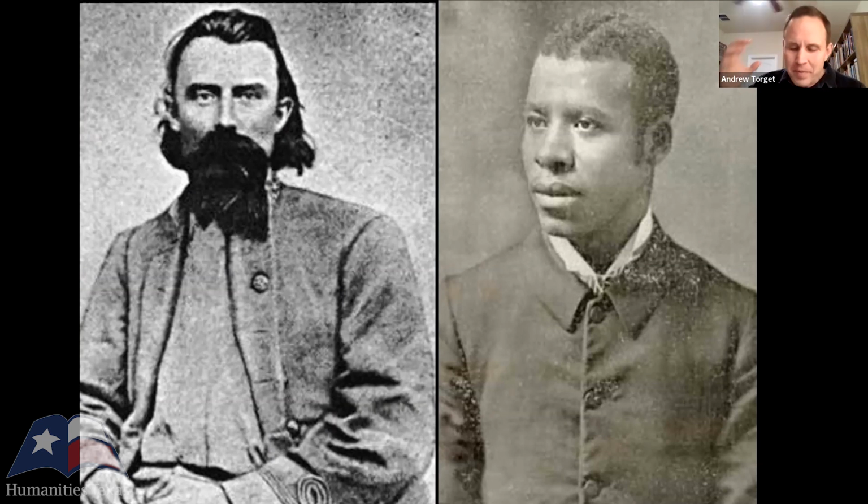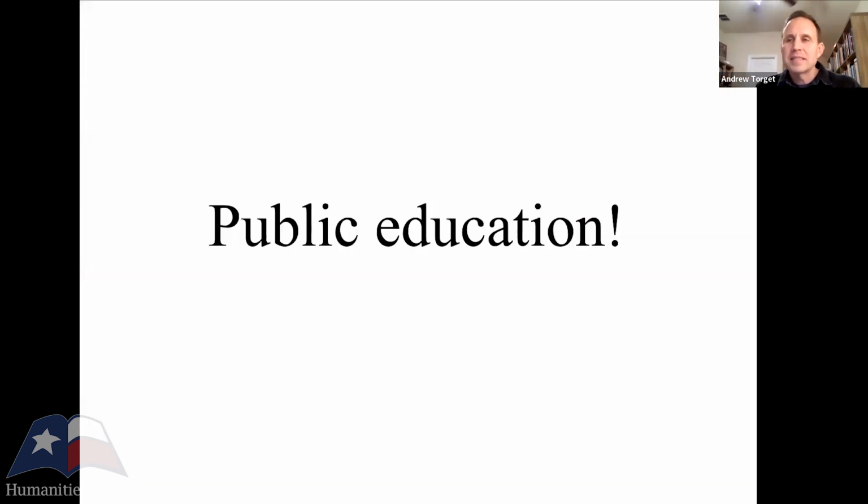Again, it's part of that big shift that's happening all across the state. But something else that the Republicans invested in, something I know is near and dear to everyone's heart in this particular Zoom call, is public education. This came up in an earlier session, Mirabeau Lamar and discussions about his role in education.